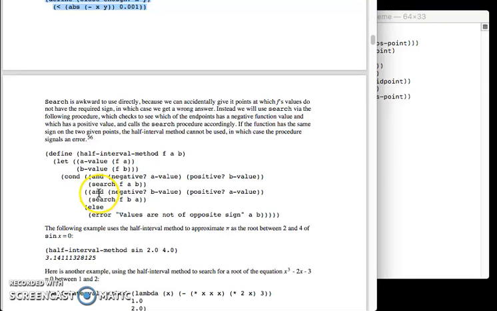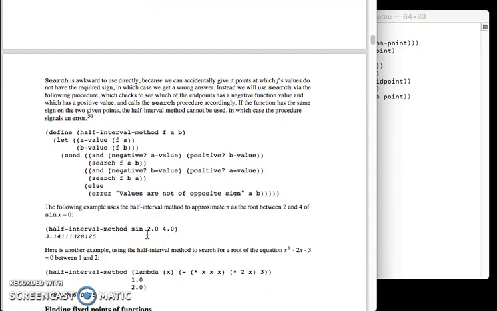If not, check to see if the b value is negative and the a value is positive. If that's true, apply search to f, b, and a in that order. Otherwise, return the error: values are not of opposite sign, a and b.